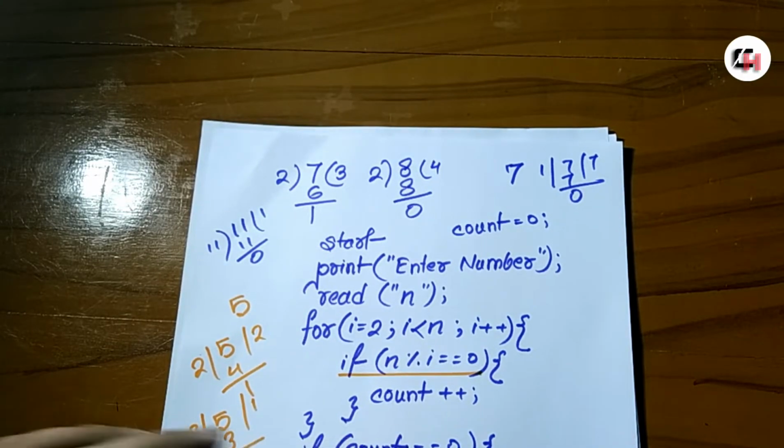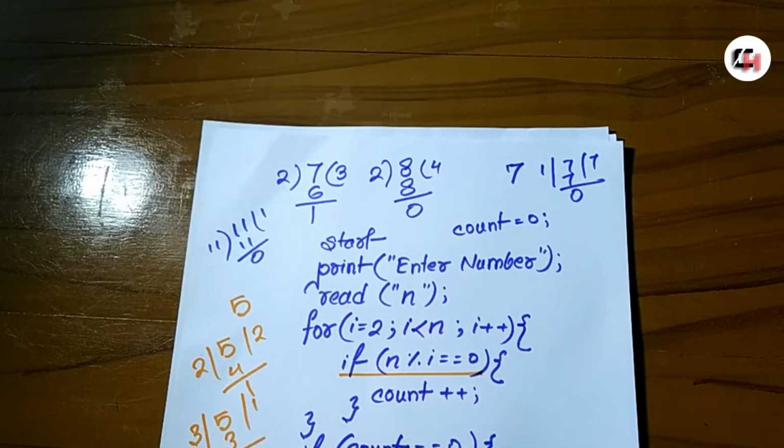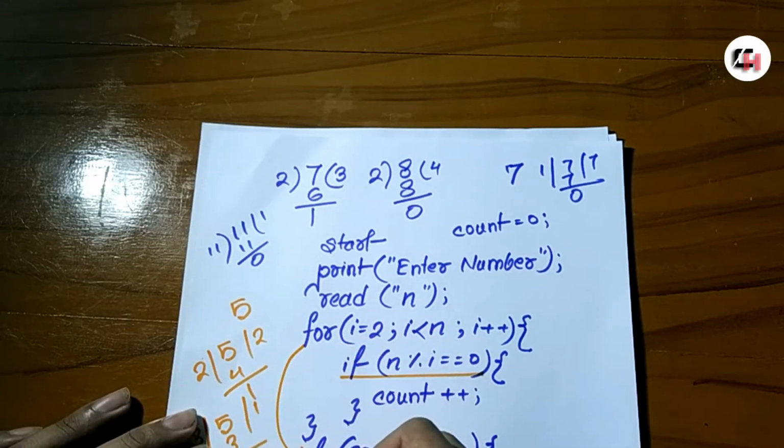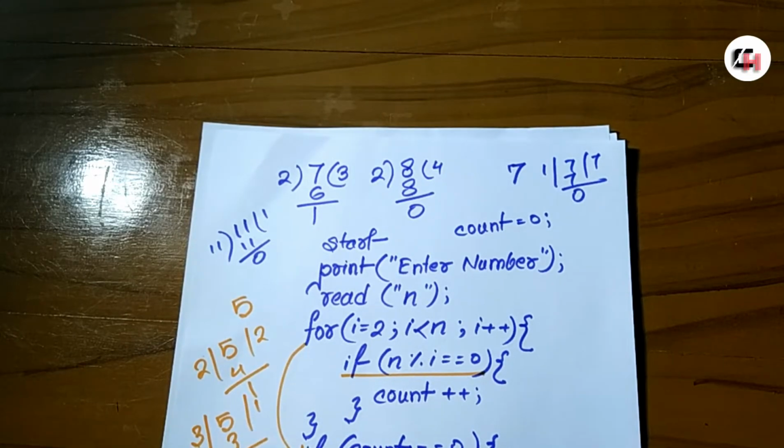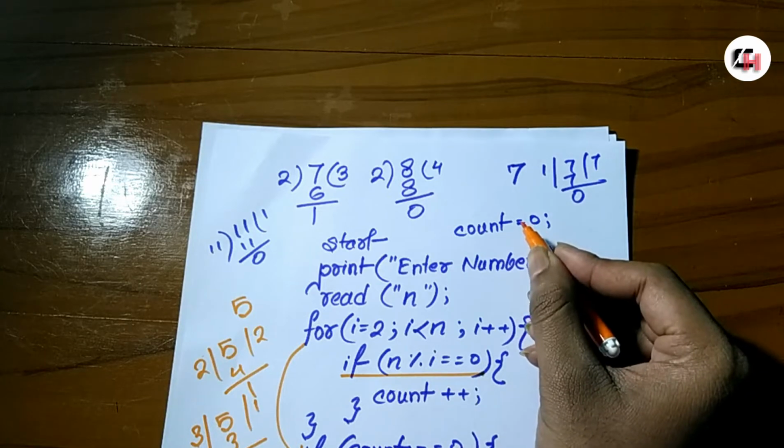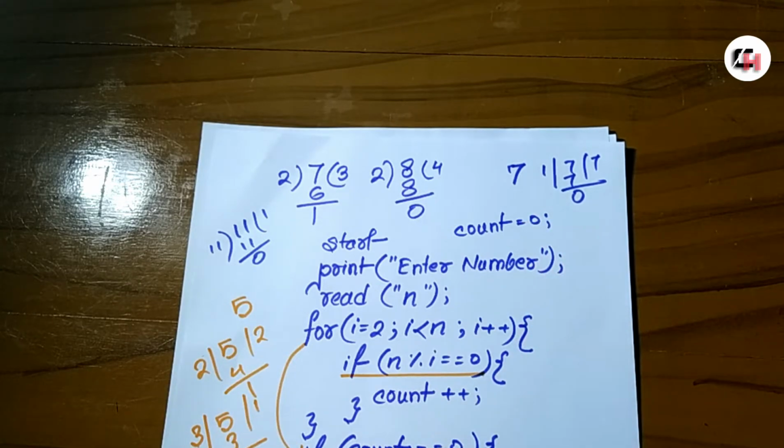And again it will check the condition i less than n. Now the value of i equal to 5, but the condition i less than n is not true. So the loop will break and it will go downwards. Here the condition is if count equal to 0. The initial value of count was 0 and now the value of count is still 0. That's why it will print prime. That means 5 is a prime number.